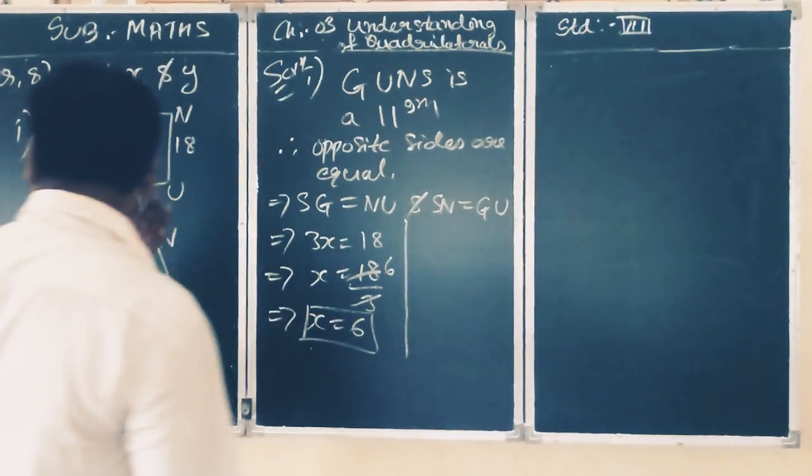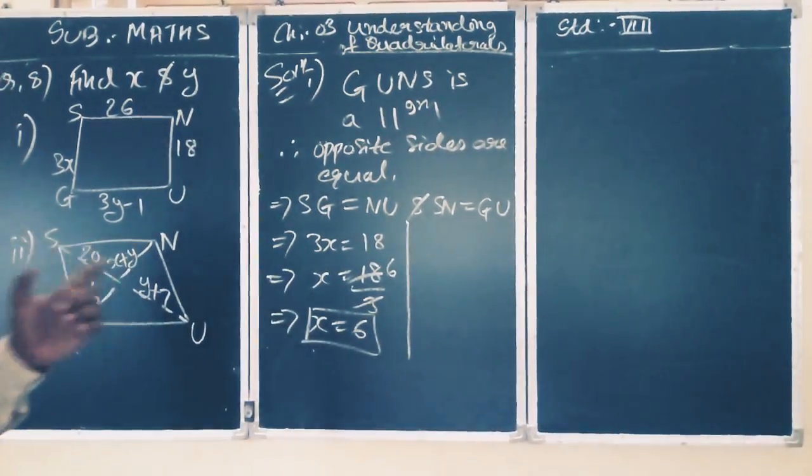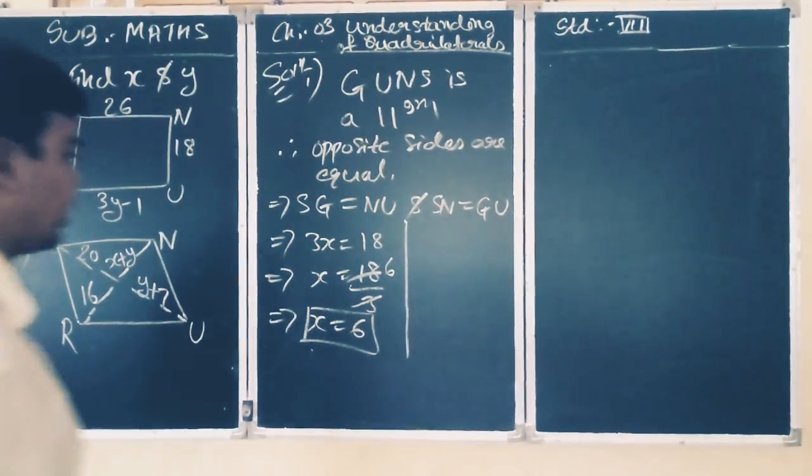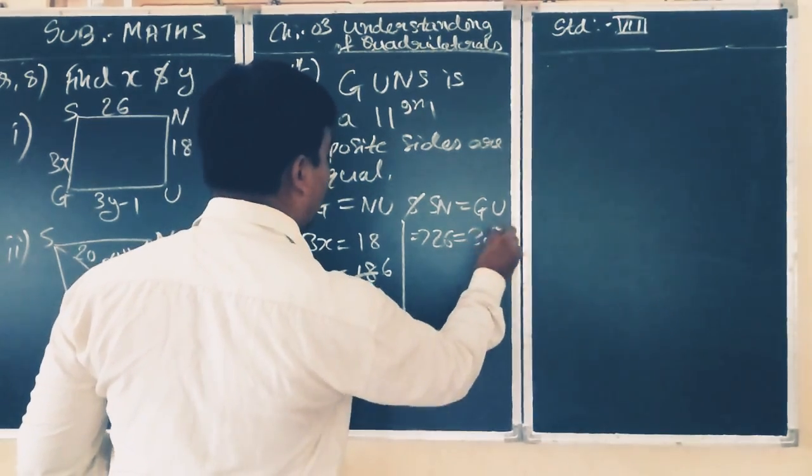Now SN is equal to 26, so 26 equals 3y minus 1.